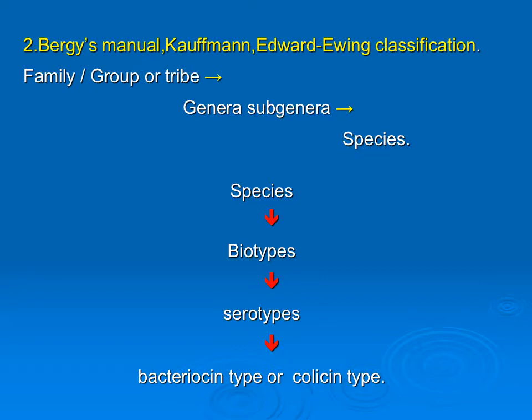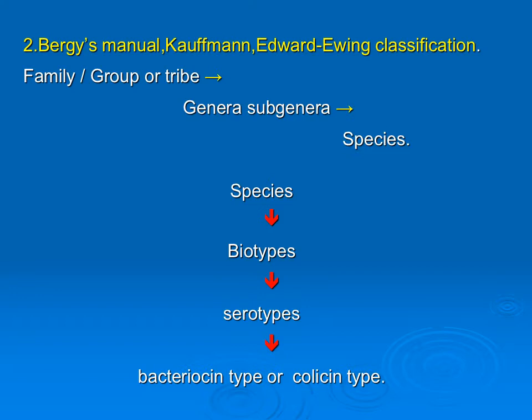Next, the scientific version of classification, the taxonomical classification, called the Bergey's manual, Kauffmann, Edwards and Ewing classification. According to this classification, bacterial families are named as groups or families or tribes.